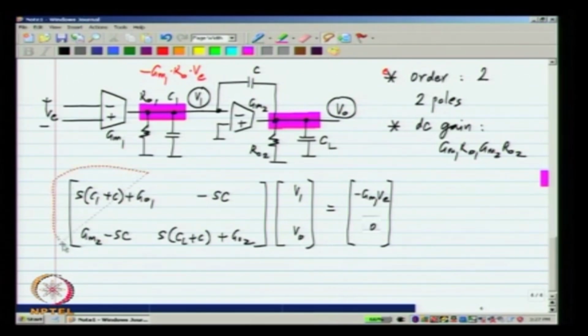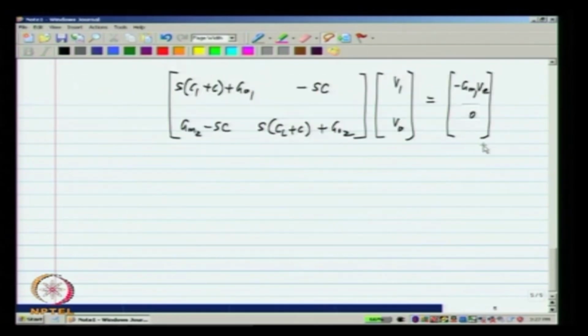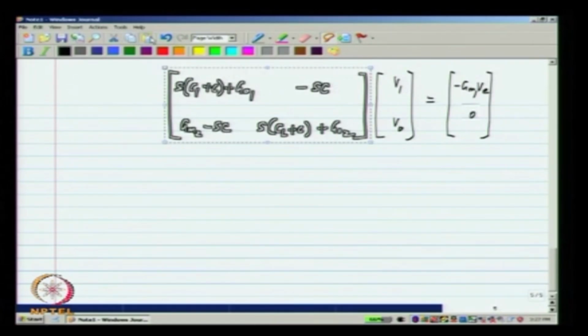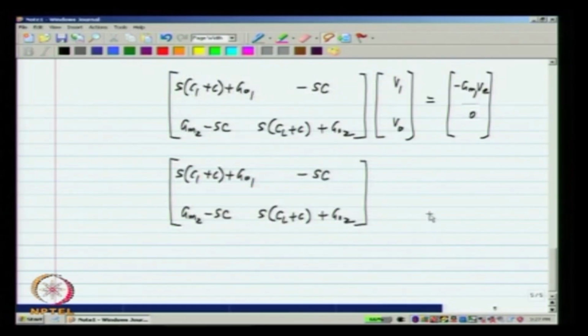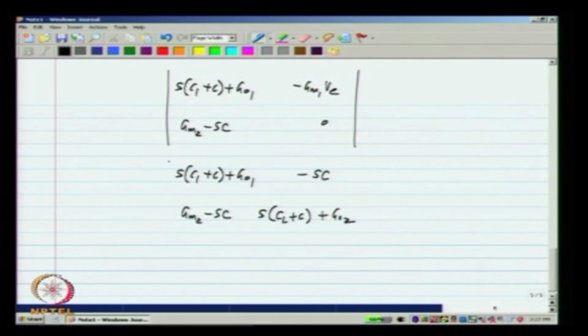So, let me copy this over. As I said, V0 is nothing but the determinant with the second column replaced by the source current vector, divided by the determinant of the admittance matrix.